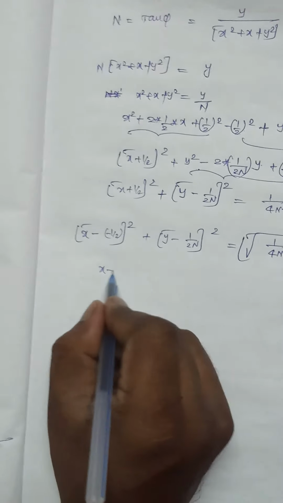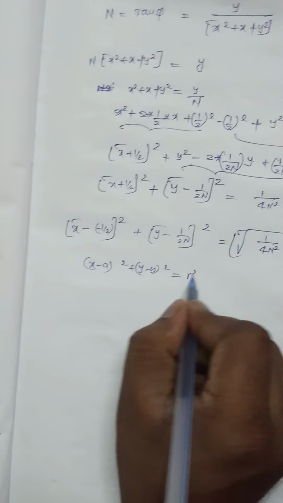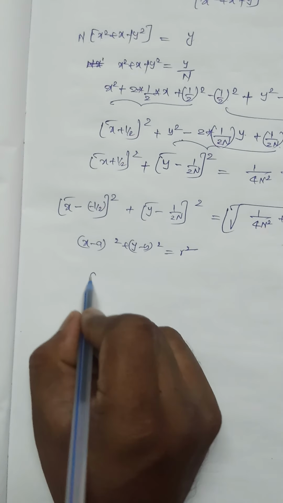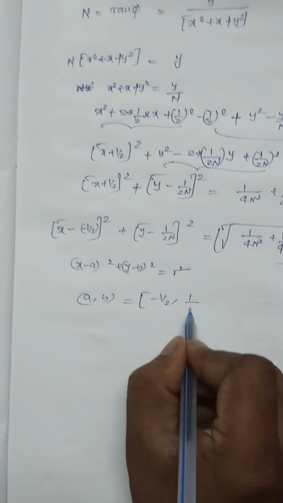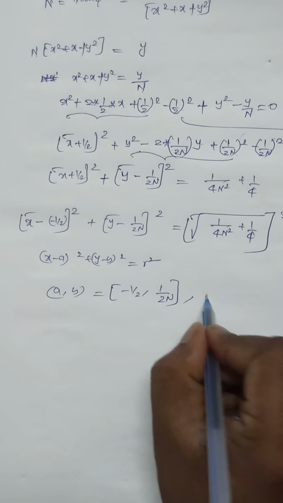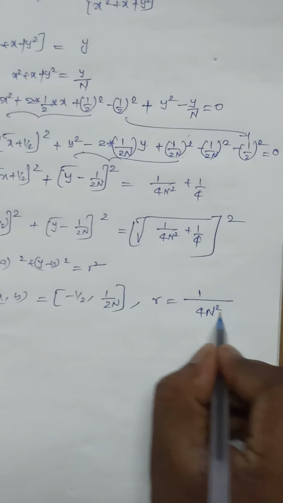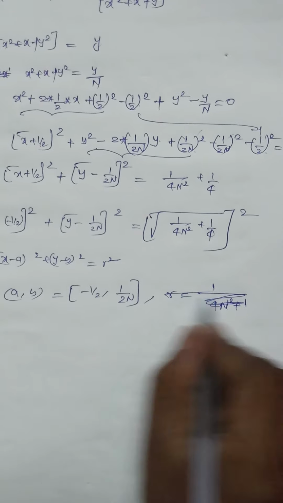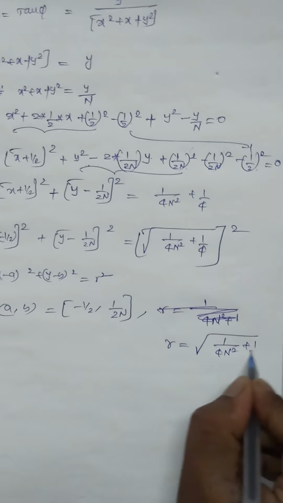So it is like x minus a whole square plus y minus b whole square is equal to r square. Here the center is a comma b, that is, center is minus 1 by 2 comma 1 by 2n, and the radius here is r is equal to square root of 1 by 4n square plus 1 by 4.